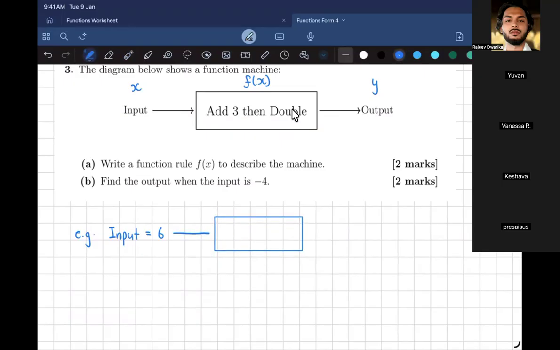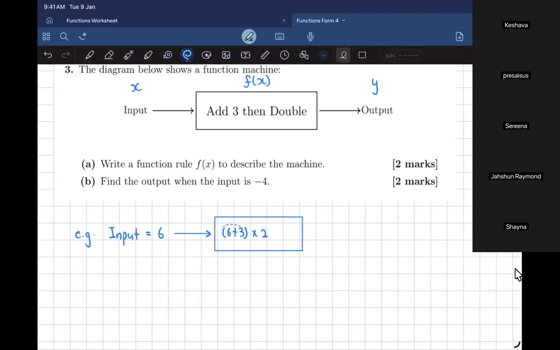I'm going to add the 3, then double it, and then you'll find the output. Right, so I'm going to add 3 to 6, so 6 plus 3. Okay, so I added 3 to it. And then I'm going to double it. So what does double mean? Multiply. Multiply by what? By 2. Right, so double means to multiply everything by 2.